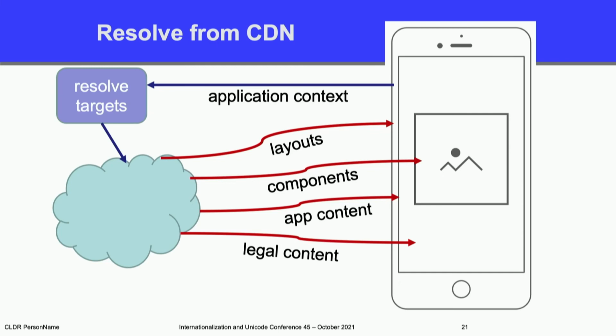Then those targets can be used through whatever your delivery mechanism is, from CDN, for instance, to pull your components, your layouts inside those components, and the content pieces for your generic content, application content, your legal content, to then render and build the final view that the customer sees. And then the user's all happy and things are moving forward.